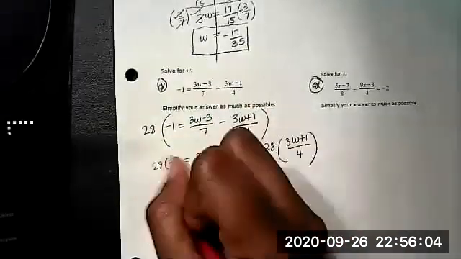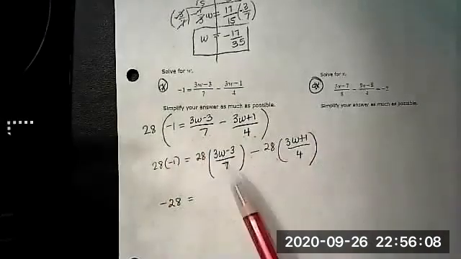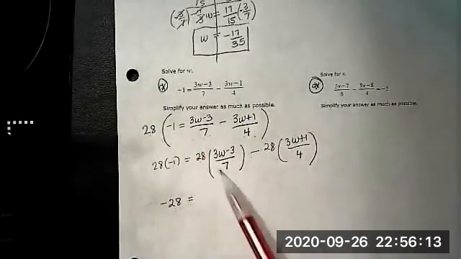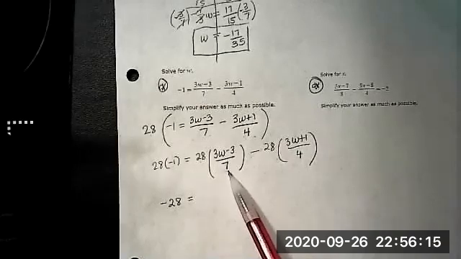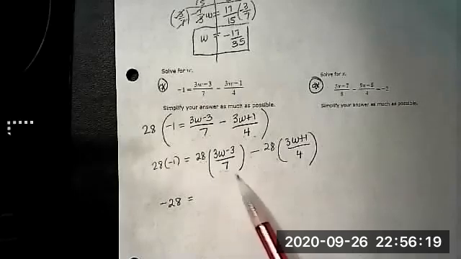So 28 times -1 is -28. Now, when you have this 28 here, 28 and 7 simplify each other.